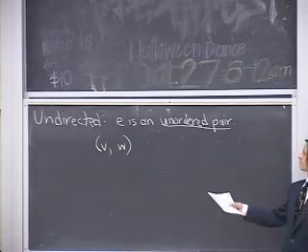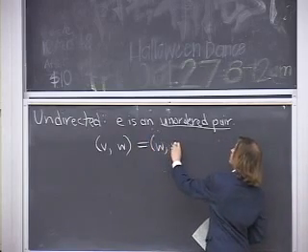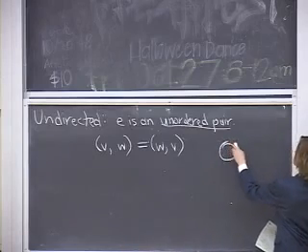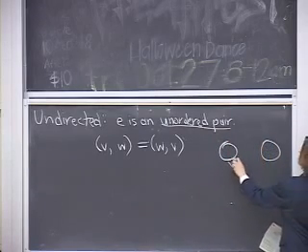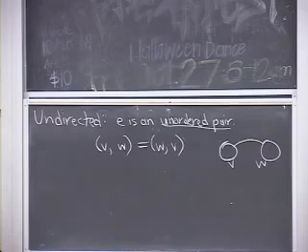Or in other words, if you have an unordered pair VW, that is exactly the same thing as the unordered pair WV, but only in an undirected graph. In a directed graph, they're different. So the way you draw this in an undirected graph is like this. You just leave out the arrowhead.